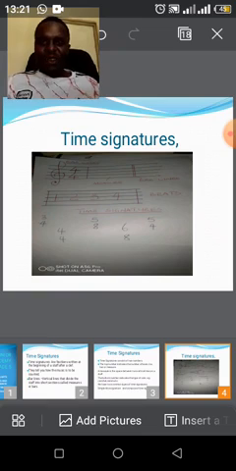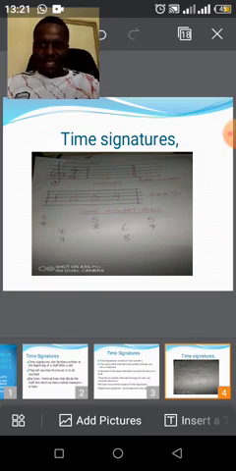Those vertical lines, that is what we call bar lines. Very good. Now, we have got the space between those 2 vertical lines. The space between those 2 vertical lines, that is what we call a measure.